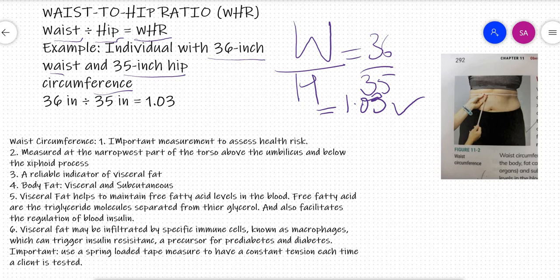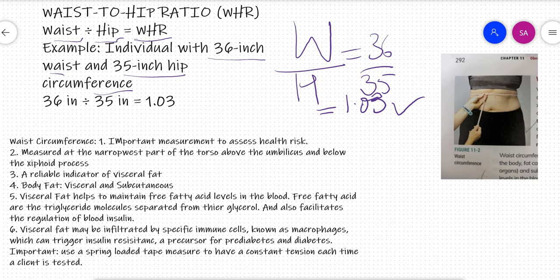Now, this will be a very easy calculation to do, but related to this calculation, there are a few important aspects which you must remember, so that if any other question comes related to waist to hip ratio or waist circumference and hip circumference, you can easily attempt it and get good marks.